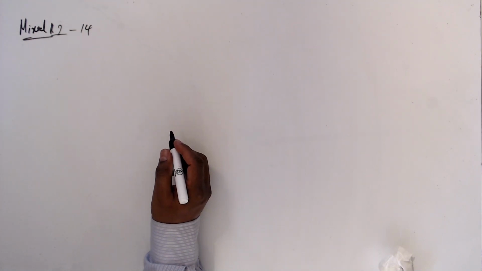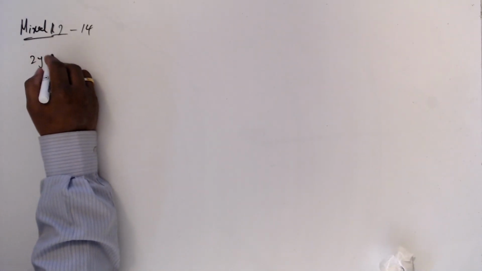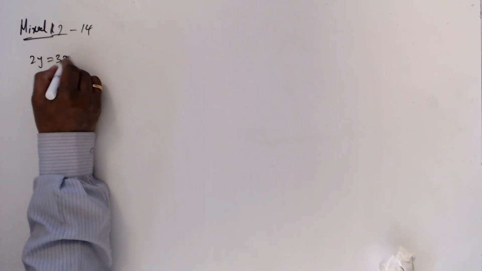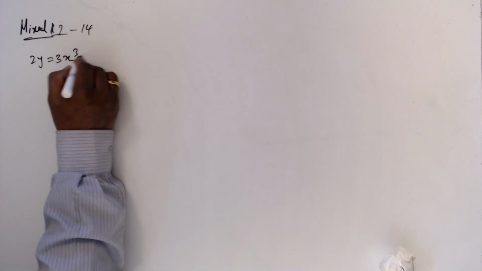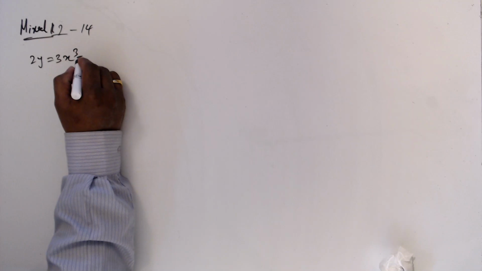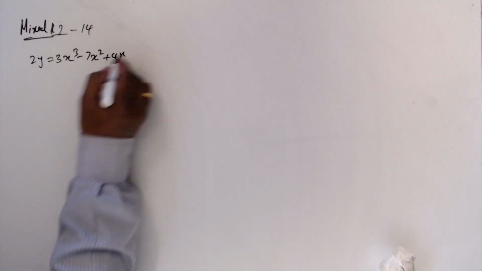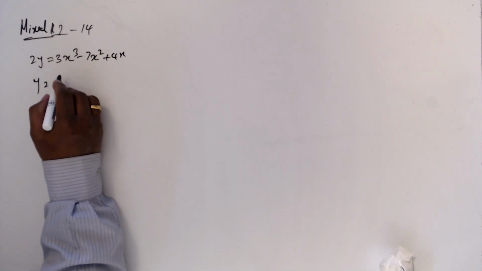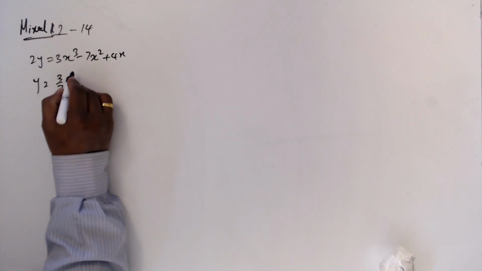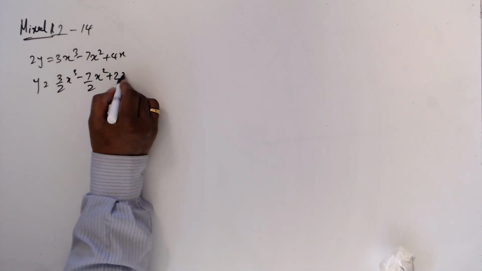Question number 14. Normal to the curve. There is a curve. That curve is 2y equal 3x cube minus 7x square plus 4x. It means divide by 2, y equal 3 over 2 x cube, minus 7 over 2 x square, plus 2x.